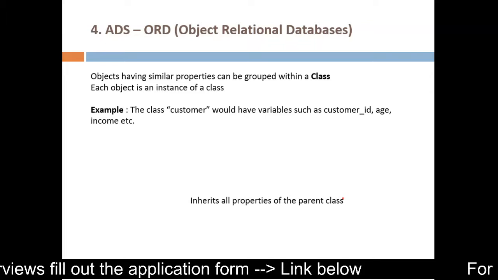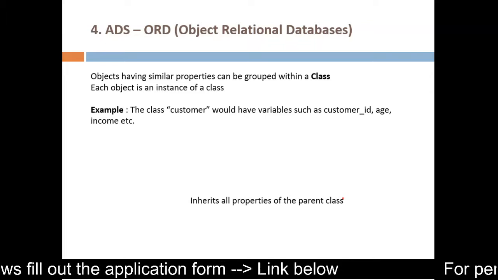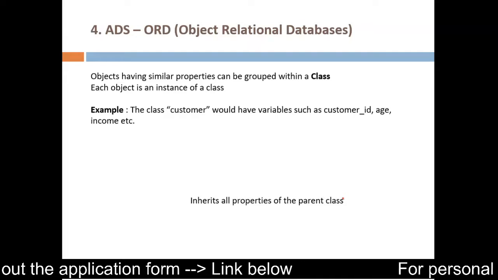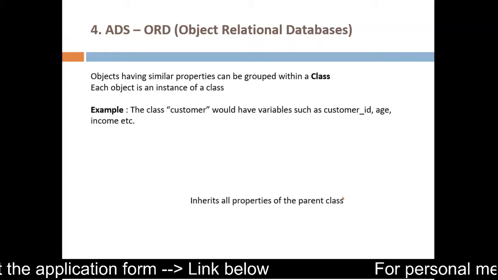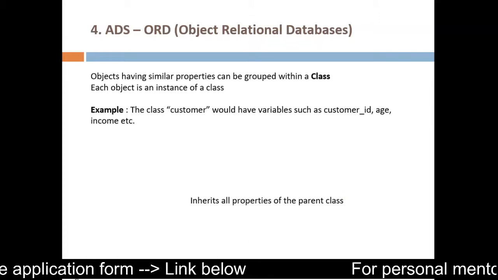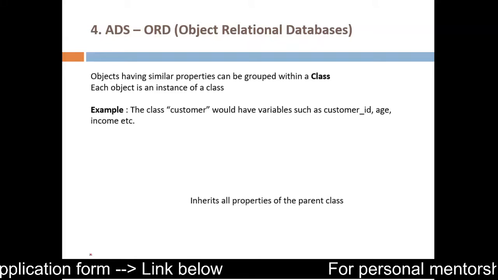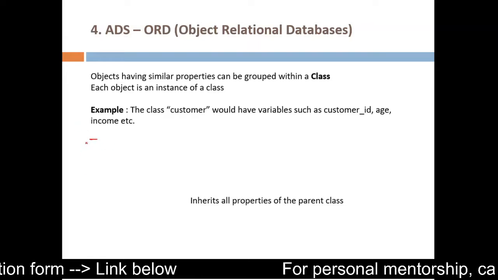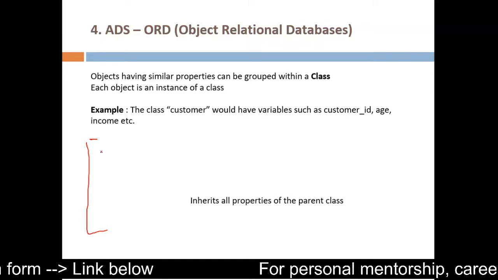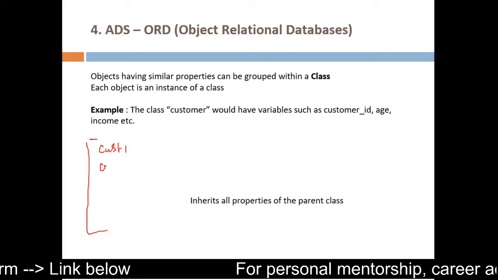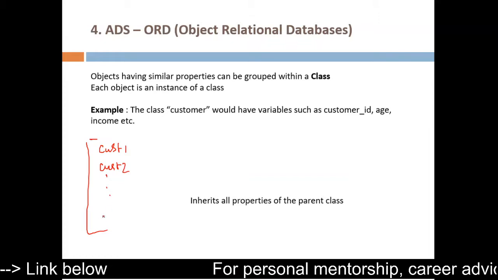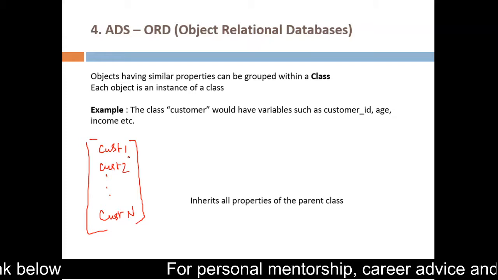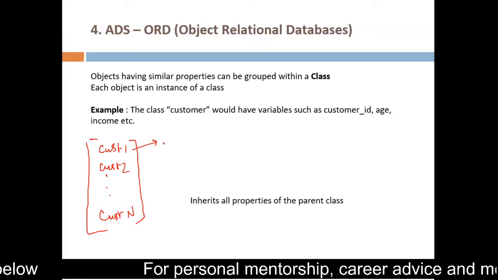One of them is the object relational database, where objects having similar properties can be grouped within a class. Each object in this case is thought to be an instance of a class. For example, the class customer here would have variables such as customer ID, age, income, etc. Here we can think of customer ID 1, customer ID 2, and similarly customer N, each of these customers as the different objects.